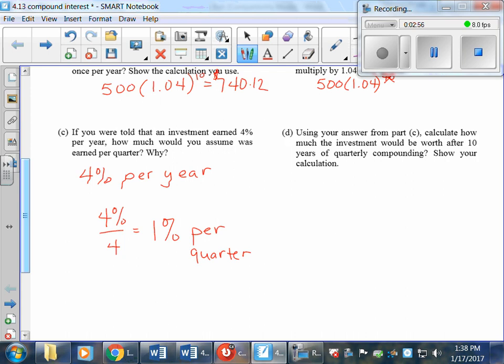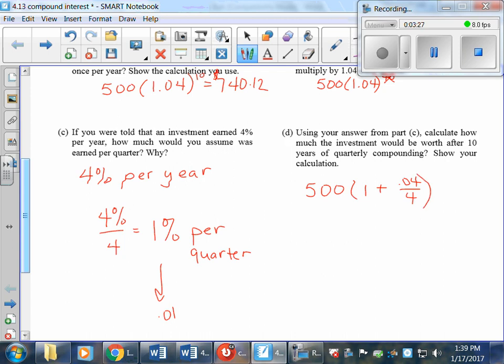And then using your answer from part C, calculate how much the investment would be worth after 10 years. Now remember, our original investment was $500. So we had $500 times 1 plus, now we could put 0.01. This could represent 0.01, but you could also put that 4% that we had divided by 4, because it's 4 times per year.